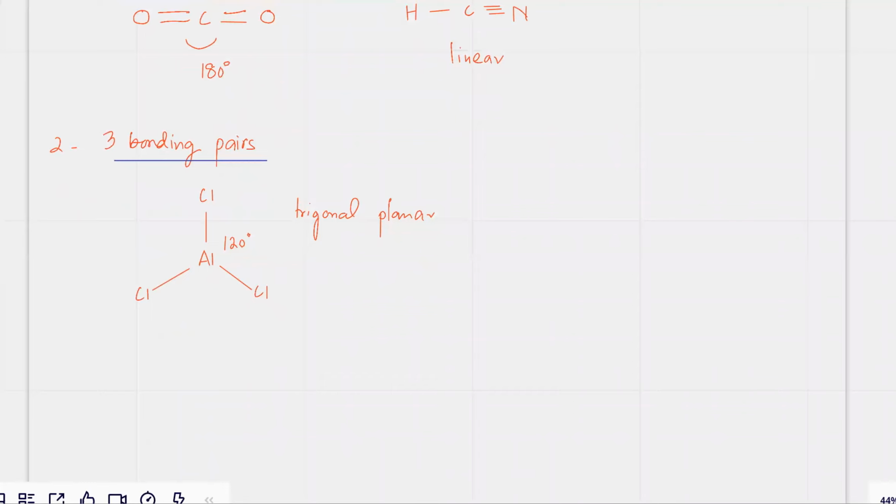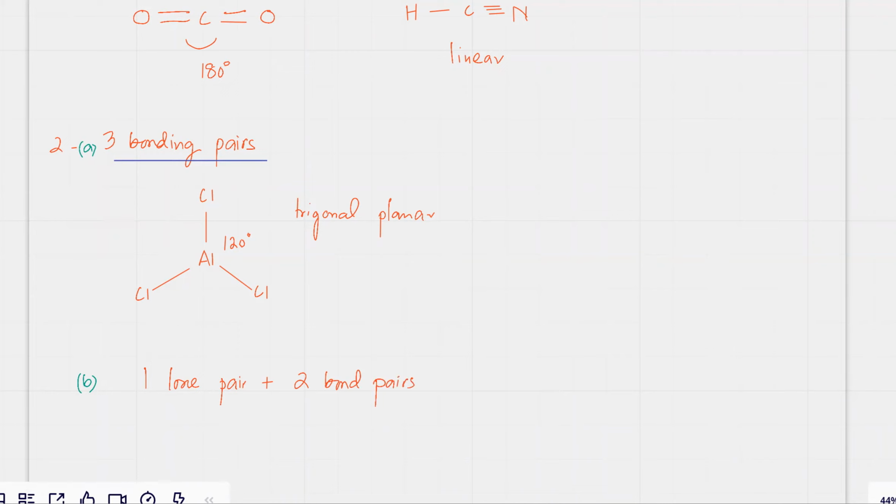Sometimes what would happen is, so I'm going to call this A, the central atom, you can remember, focus on the central atom and how many bonds it's making. Sometimes the central atom has one lone pair and 2 bond pairs.